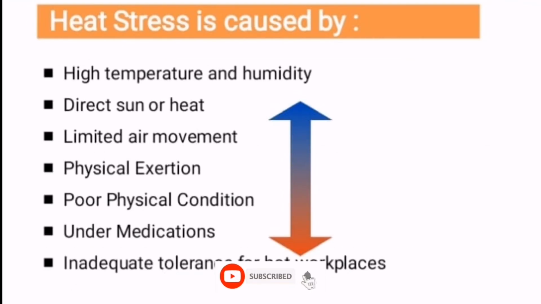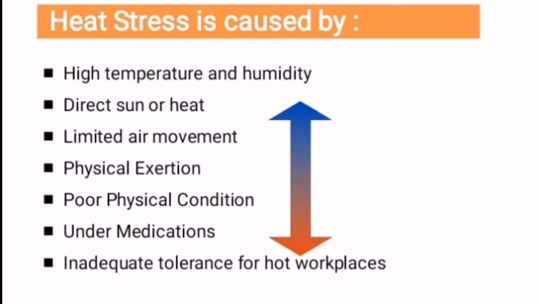Now we will talk about the other factors which can contribute toward heat stress. As we discussed, high temperature and humidity is one of them. After that, if you are working in direct sunlight or in a high heat atmosphere, your body will get more heat stress, or in a short time you may be exposed to heat related illness.